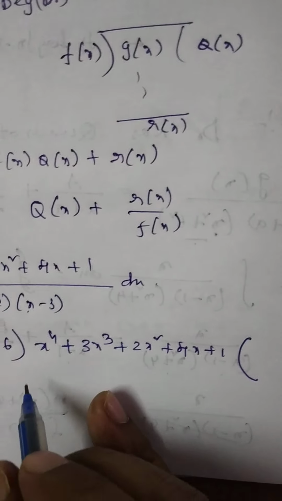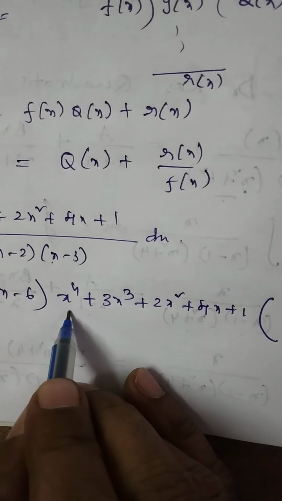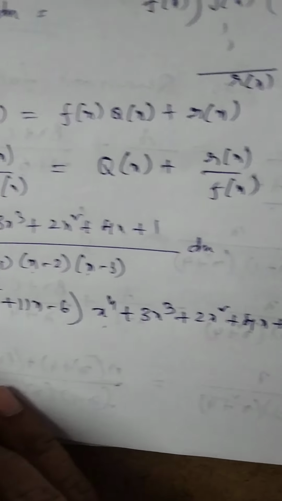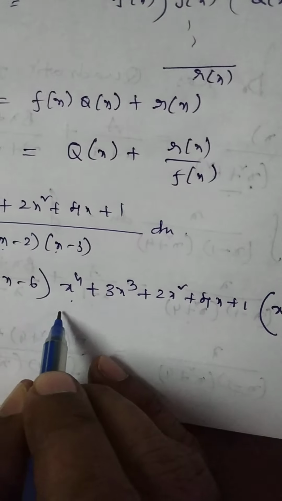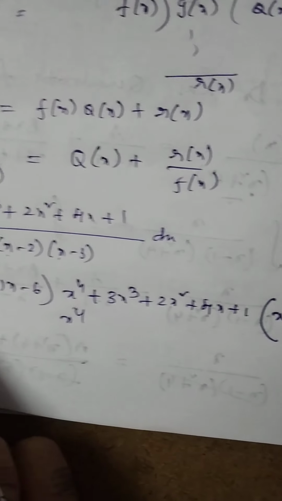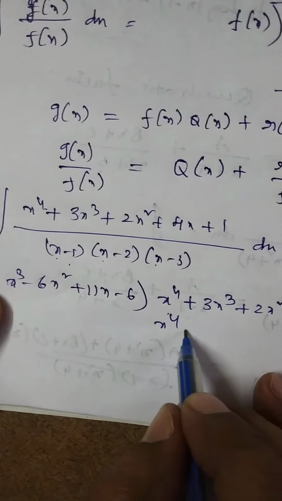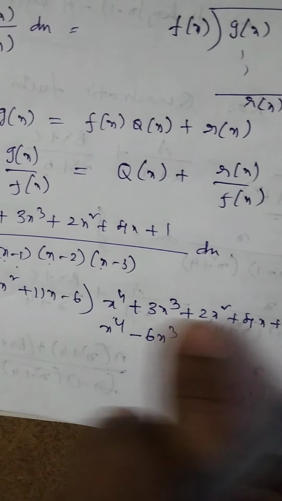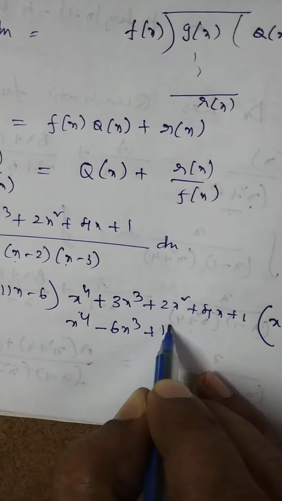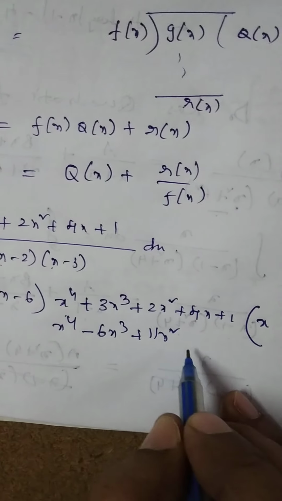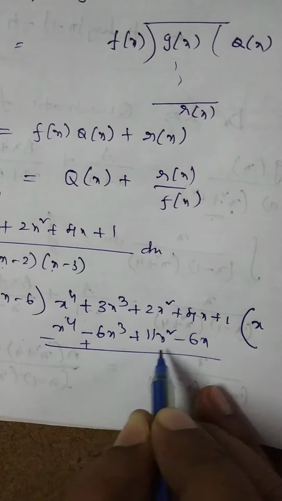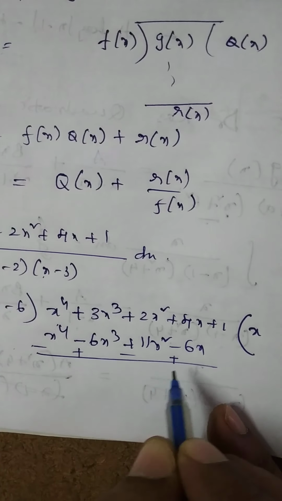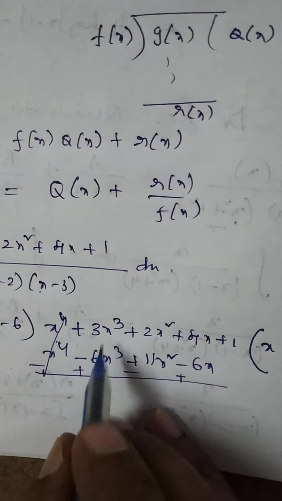Initially, in order to get x power 4 we will multiply this x cube with what? x. So x into x cube is x power 4, x into minus 6x square is minus 6x cube, next x into 11x is plus 11x square, x into minus 6 is minus 6x. We are subtracting here, so the signs will change, and these two get cancelled.